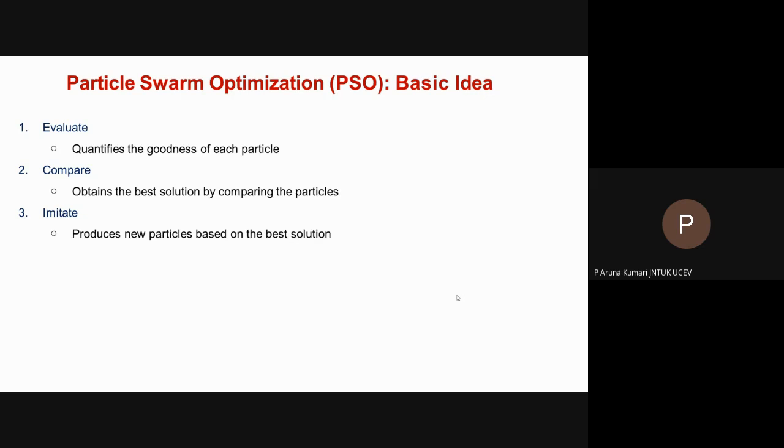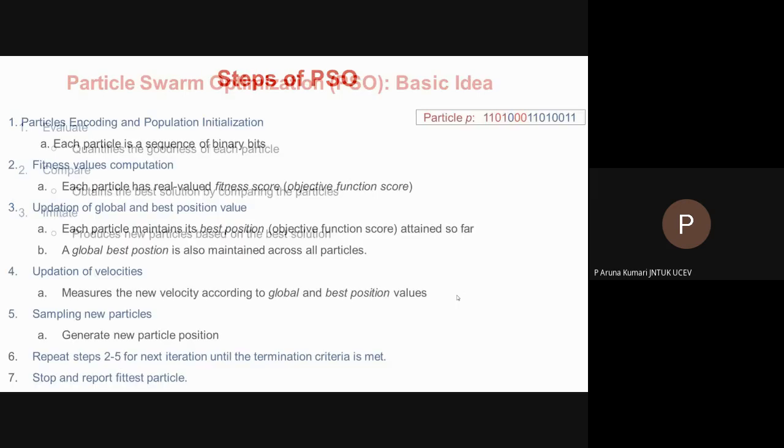It will quantify how good it is and compare against all other particles' information. Once we have identified the best one, all the other new particles will try to imitate it.